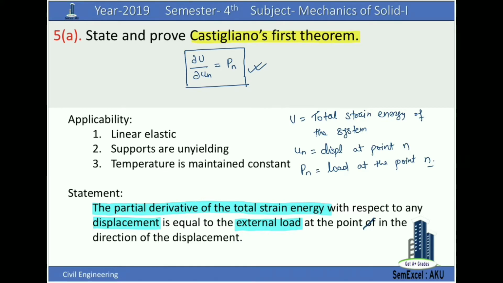This Castigliano's theorem is applicable only for linear elastic structure if the supports are unyielding and temperature is maintained constant. Means if the temperature is changing and if there is support settlement, then we cannot apply Castigliano's theorem.